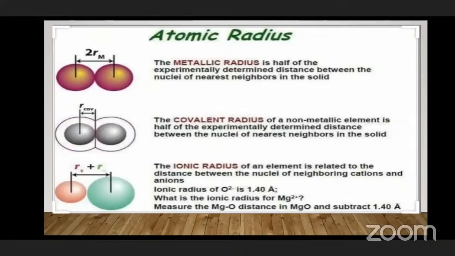A neutral atom is not called an ionic radius. Definitely an ion should be present, then only we can define it.